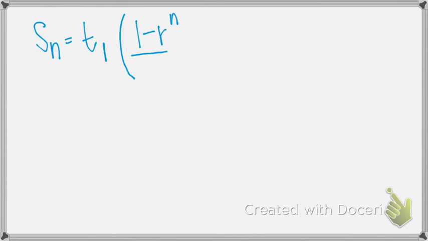I want you to write S_n equals T1 times (1 minus r to the n power) divided by (1 minus r), close the parentheses.